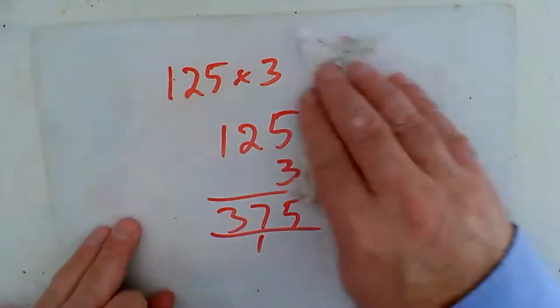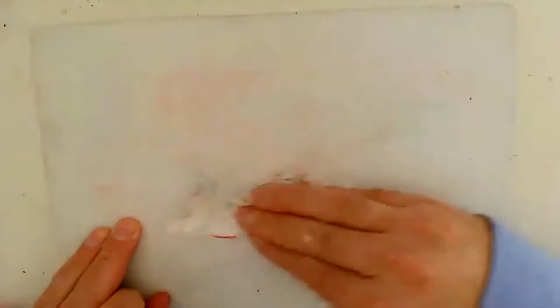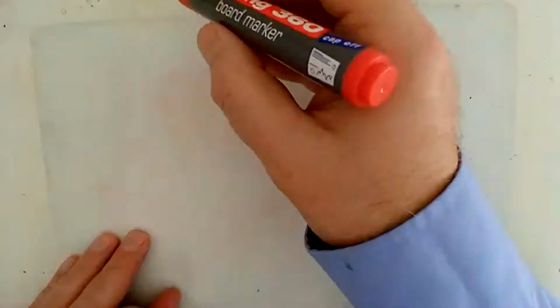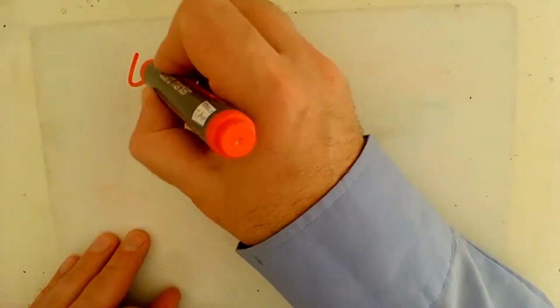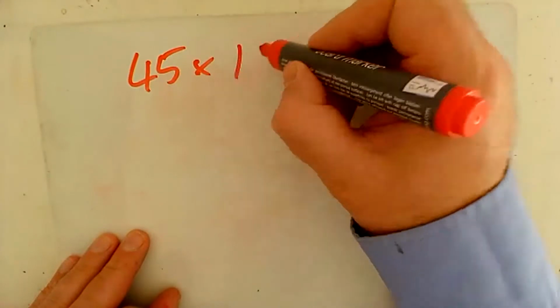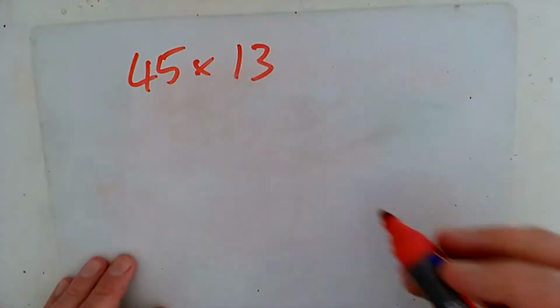Some of us still make a few mistakes when we are dealing with these, when multiplying 2-digit by 2-digit or 3-digit by 2-digit. So say for example I've got 45 times 13.